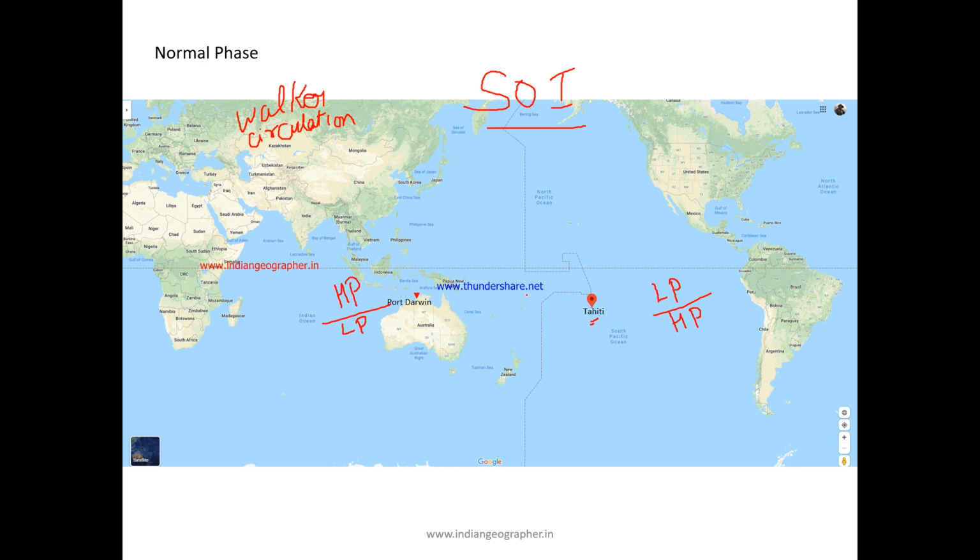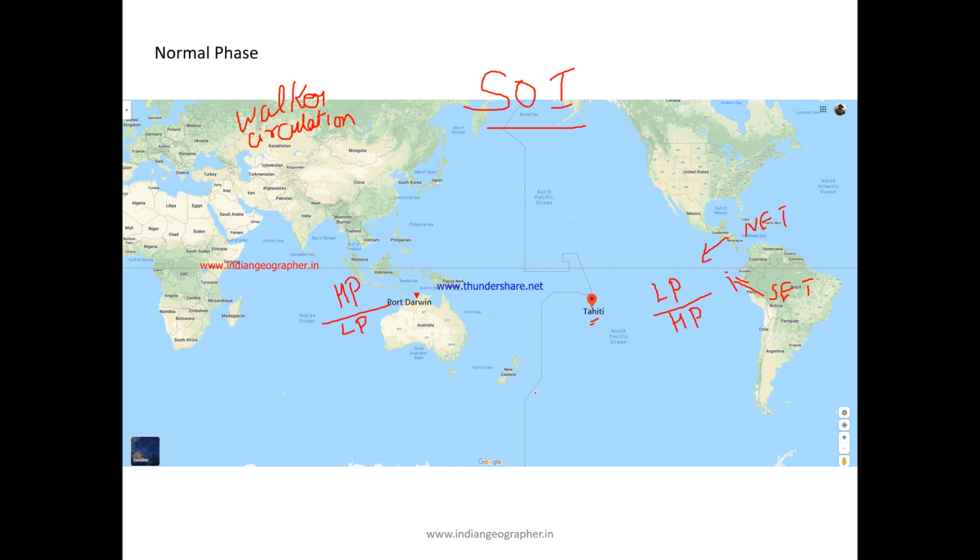Another thing you should remember here is the wind pattern. So what is the normal wind pattern? Here you have the southeast trades, and here you have the northeast trades.